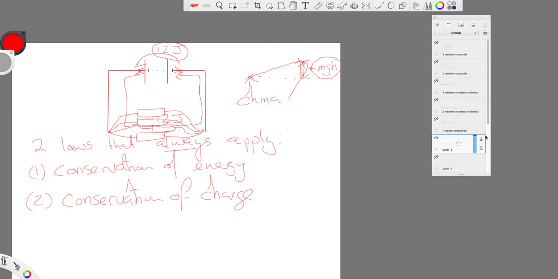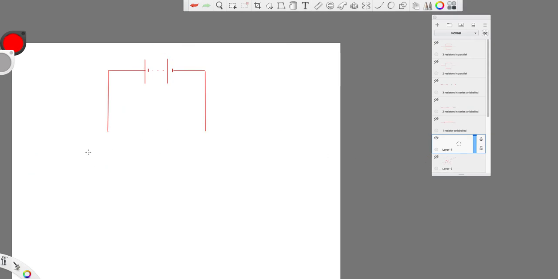The conservation of charge says, if I take a point in my circuit, let me just make this into a circuit for now, and I needed a component in there, so let's get rid of a bit of the wire, and I'll stick a component in there, a resistor. Okay, so make that into a circuit.